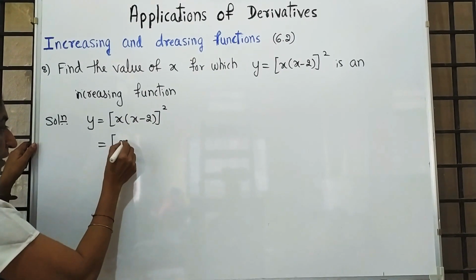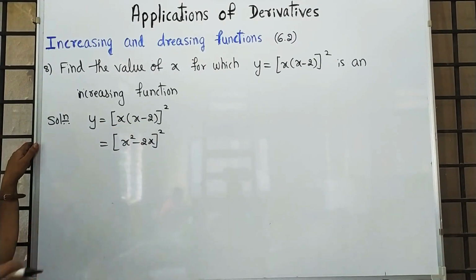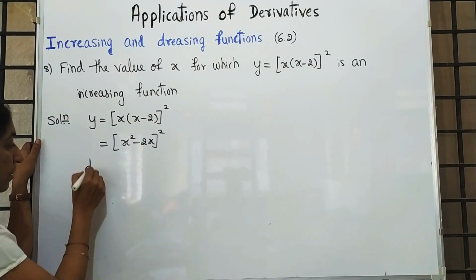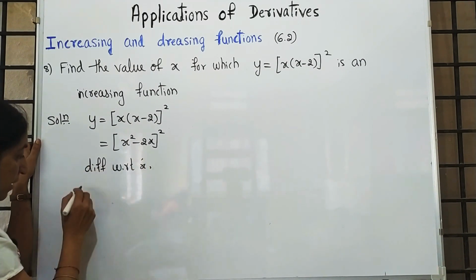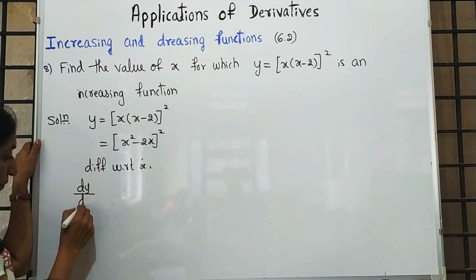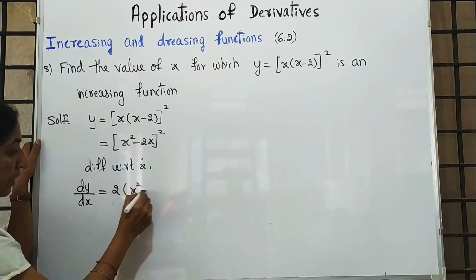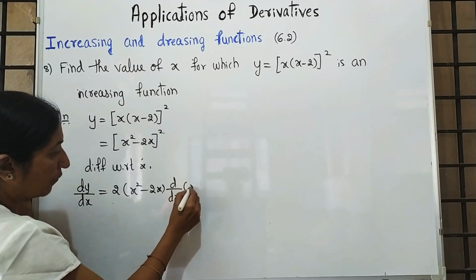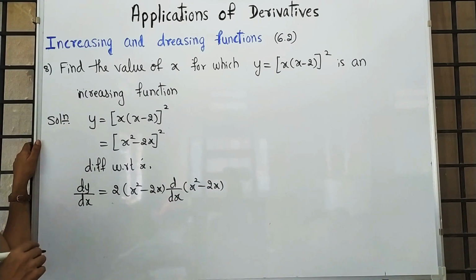For our convenience I am writing like this. Inside the square bracket I took x inside the bracket, x square minus 2x. Now differentiating with respect to x, dy upon dx. First we have to differentiate the power 2 into x square minus 2x into differentiation of x square minus 2x. In the previous one we did not do this, but here we are doing it. Why?